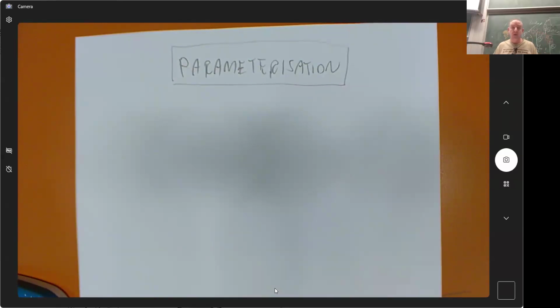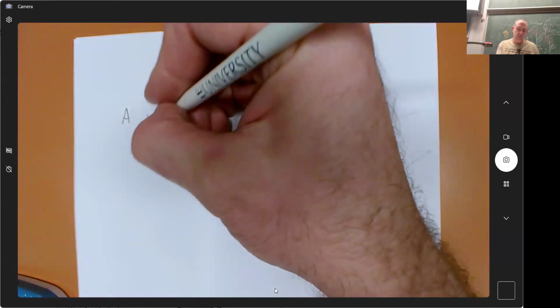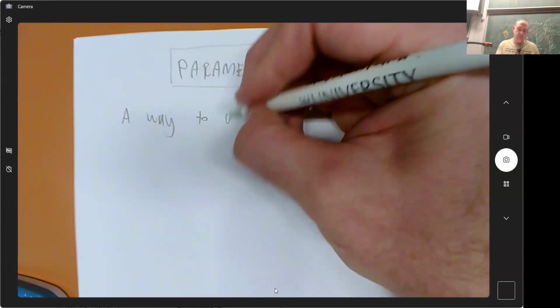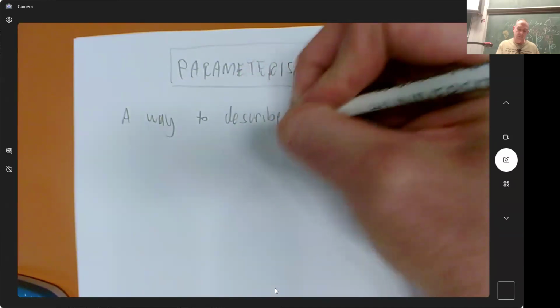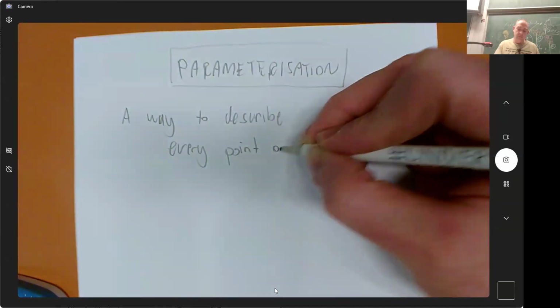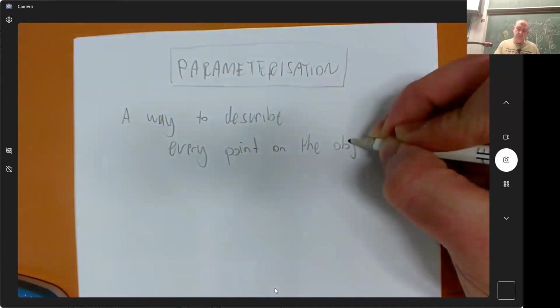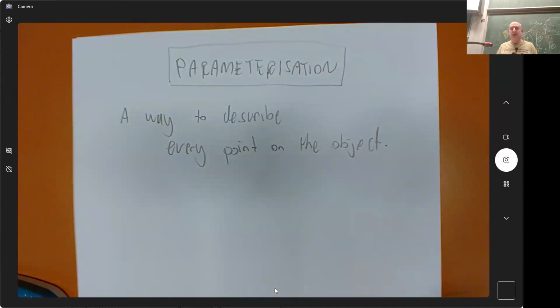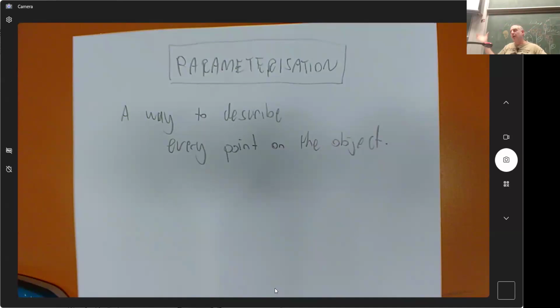So, yes. The thing I hold on to with parameterization and all parameterizations is that they are a description of what every point on the object is. And when I say object, I mean that it could be a line, it could be a curve, it could be an area, it could be a surface, it could be a volume, whatever. You have to describe every point individually.